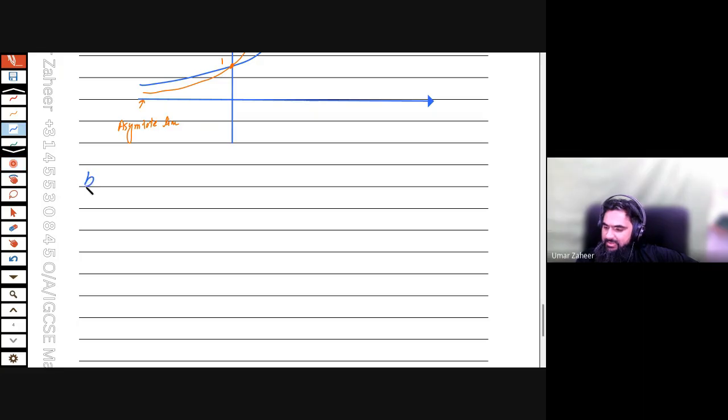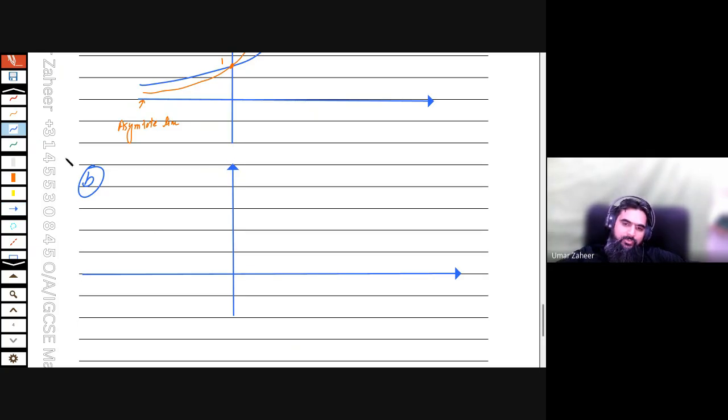So in the B part, we draw the graph. In this one, the graph is moving from left to right because you have e power negative something. So it is moving from negative like this.